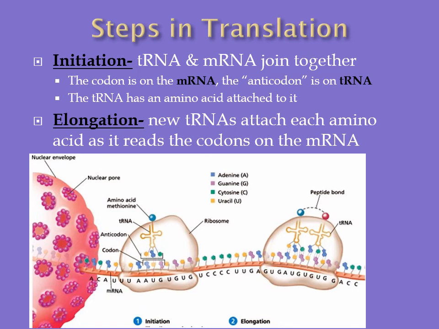So we're starting to build a protein from that message. That part is called elongation, where we make the protein longer. So we keep on adding amino acids to it to make, at the end, a chain of amino acids. And that will be how we start making our proteins.